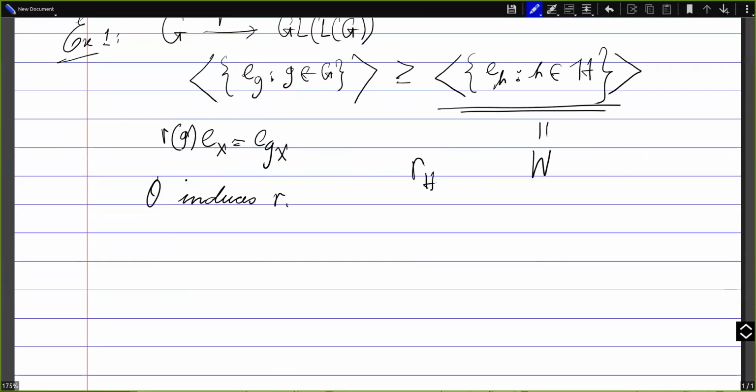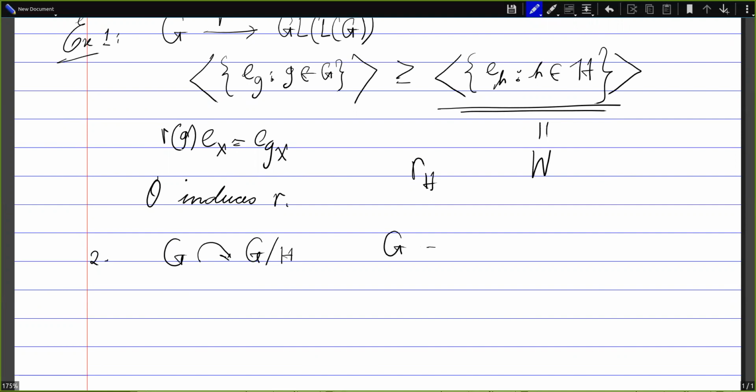All right. So the next example is also of the same kind. We consider the action of G on G modulo H. This is the natural action on cosets. We consider the permutation representation assigned to this action.